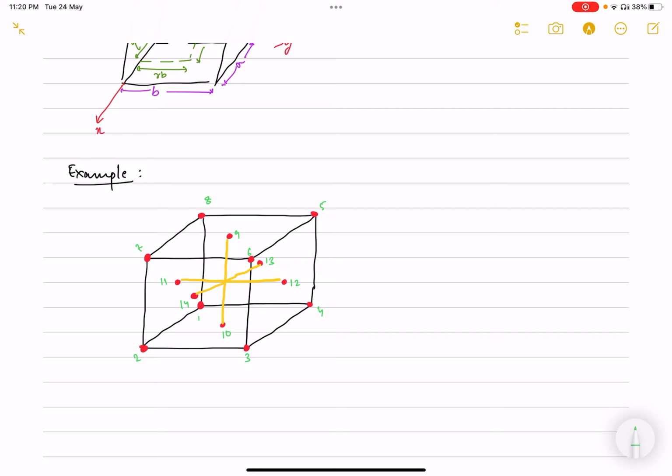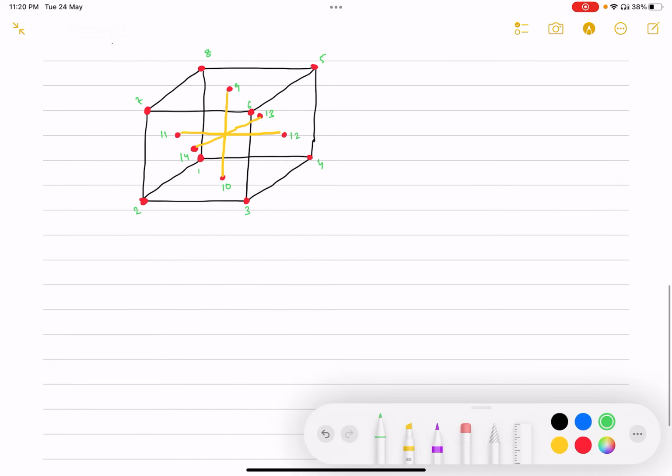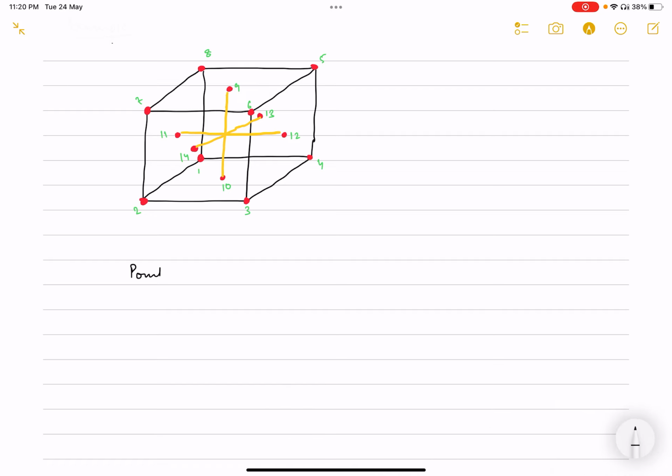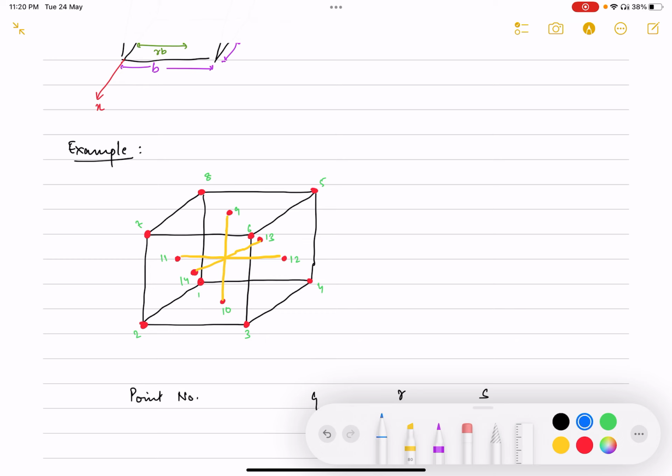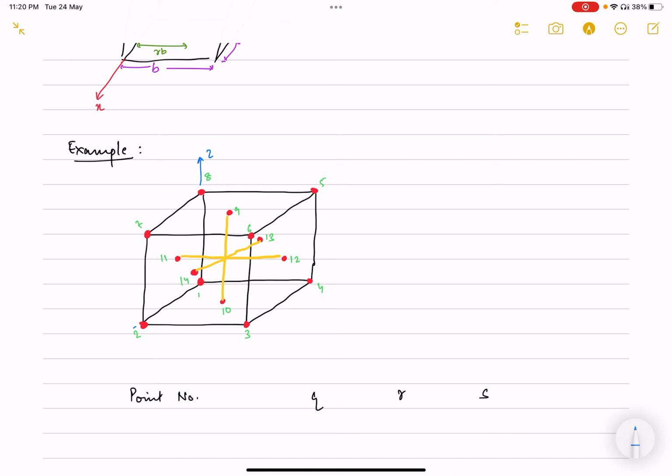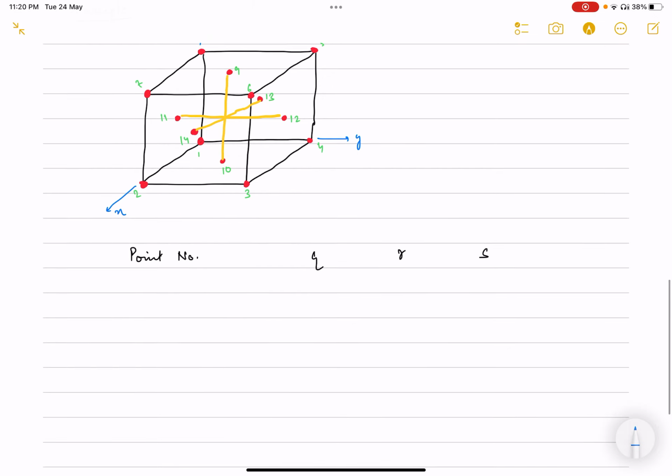Starting with 1, we have to find the fractions of the length along the x, y, and z axes. So we can make a table with the point number, q, r, and s, and also one column of coordinates.